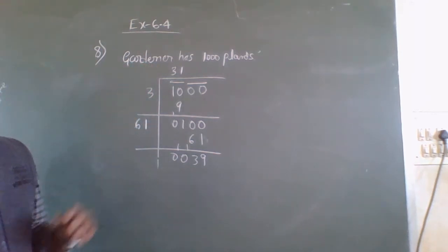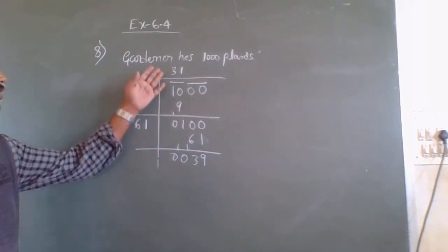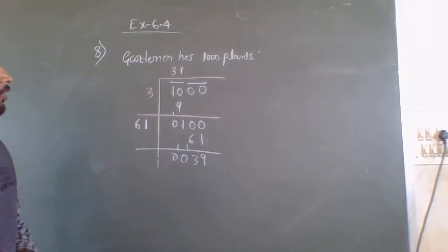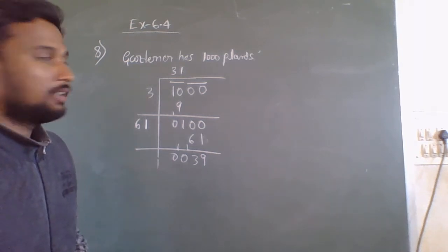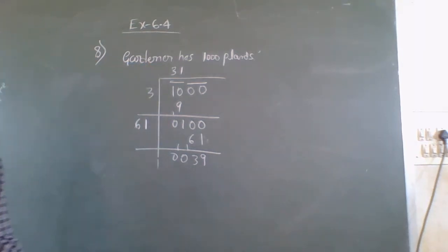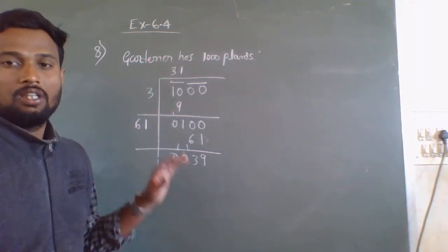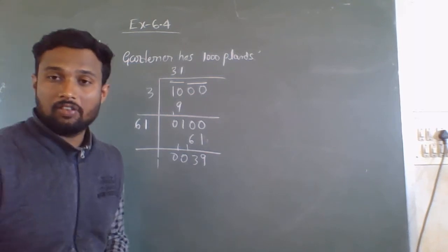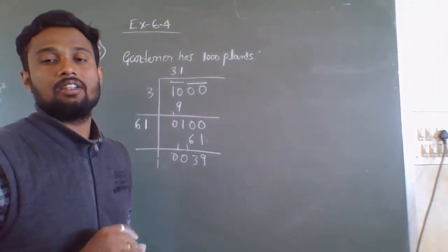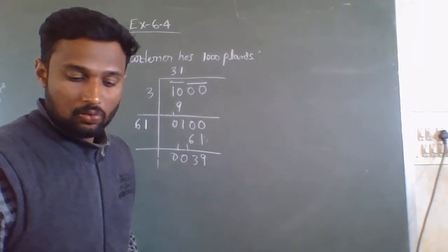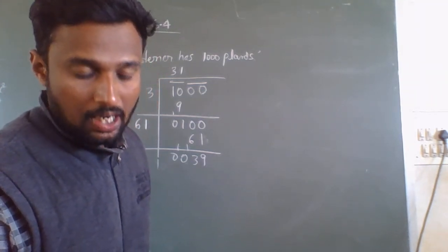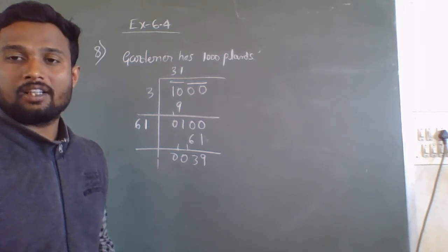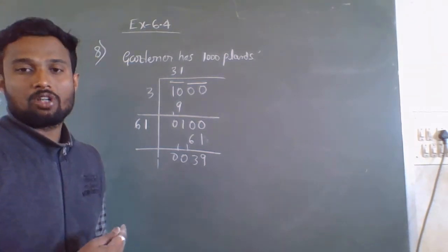For 31, the remainder is 39. From this we get to know that the square of 31 is 39 less than 1000. But here what are they asking? How many trees must the gardener still add to get number of rows equals number of columns?